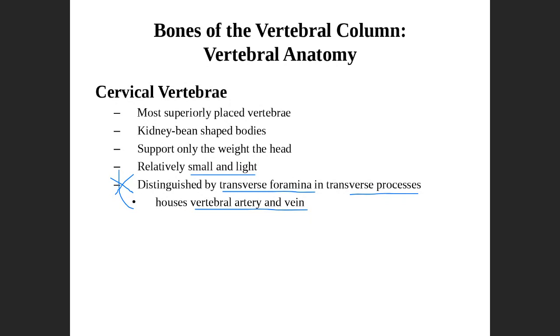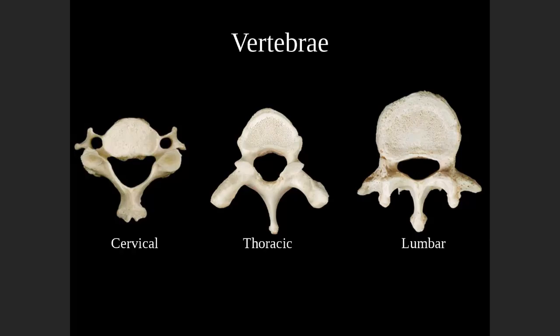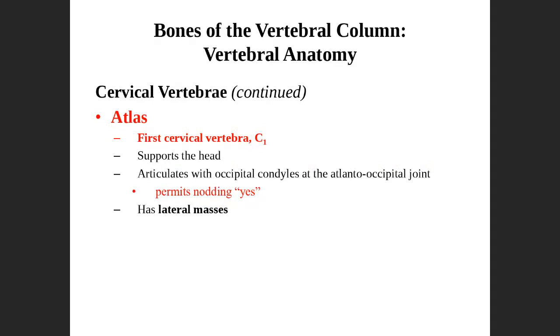Okay, it's significant. So the vertebral vein is going to help drain the blood supply from the skull. So this is a big characteristic, that transverse foramina. What's that? That's this, right here, this hole. That's holes.